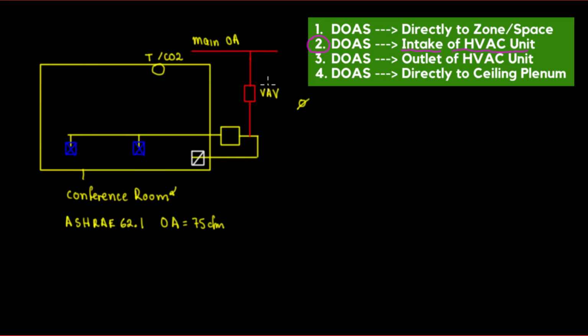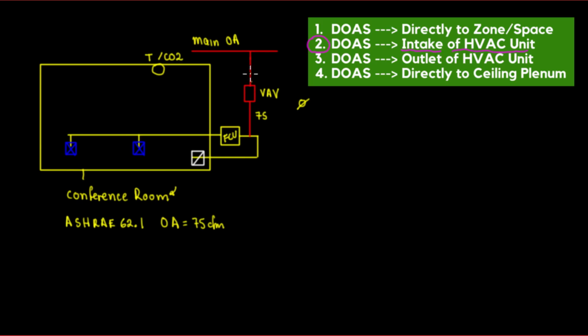Through this VAV box, we're injecting 75 CFM directly to the FCU unit. As you remember, I'm going to put this as an FCU, fan coil unit. This FCU could be horizontal or vertical. It's just like your local HVAC unit. All right, so this is the confusion when it comes to this system.